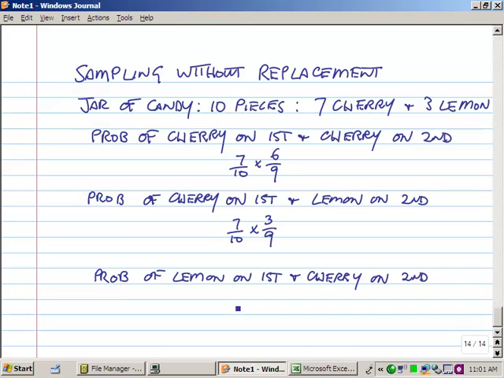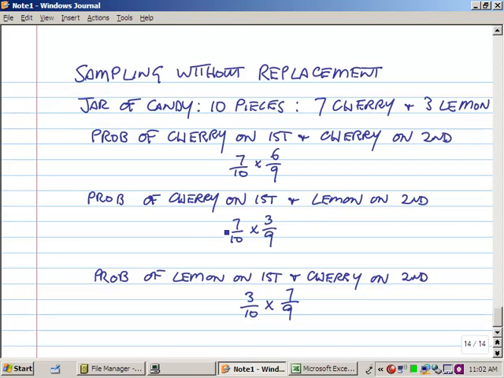Alright, lemon on the first. Well, there are 3 total lemon divided by 10 pieces of candy, so the probability of getting a lemon on the first draw is 3/10. Cherry on the second, well, we have 9 pieces of candy left. No cherries have been chosen at this point, so we have 7/9.